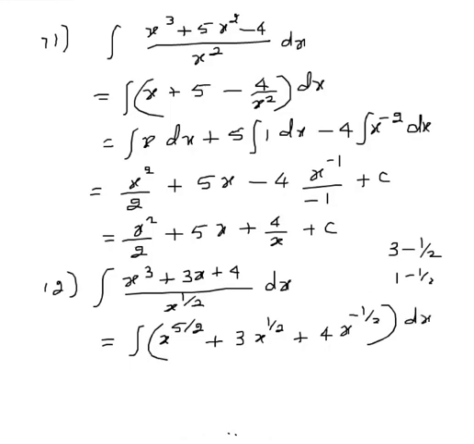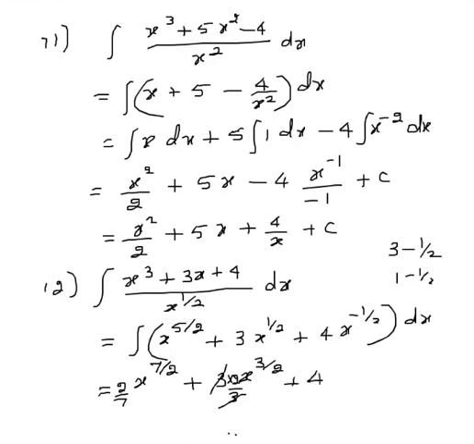Let us integrate each term using x power n plus 1 by n plus 1 formula. This becomes x power 7 by 2 divided by 7 by 2. If I write the reciprocal, it becomes 2 by 7. 3 times x power half plus 1 is 3 by 2 divided by 3 by 2, which becomes 2 by 3.